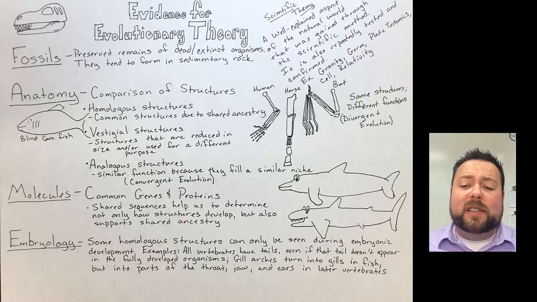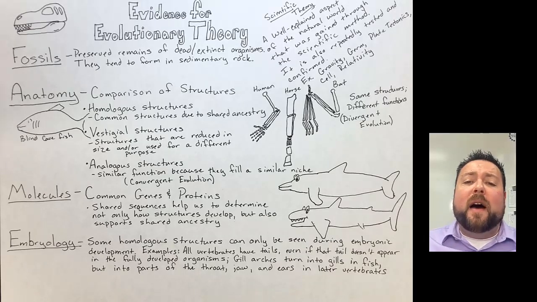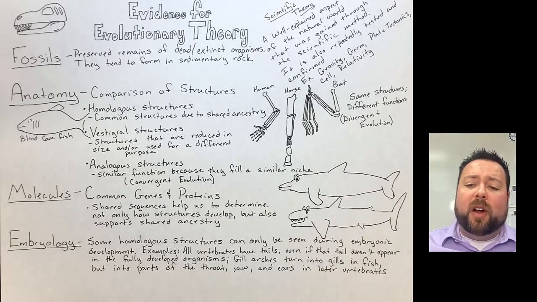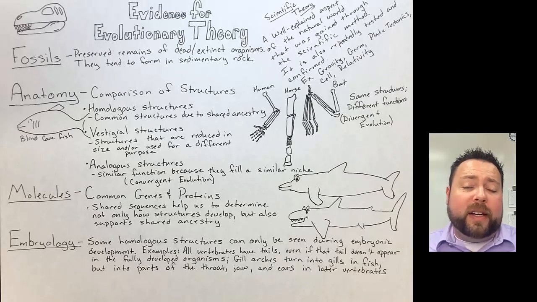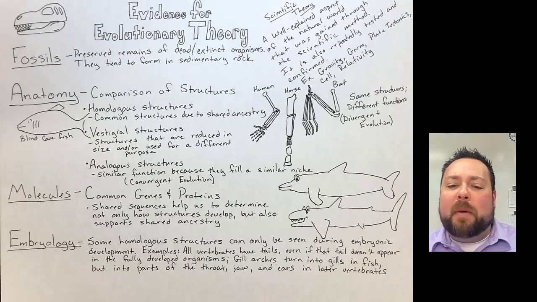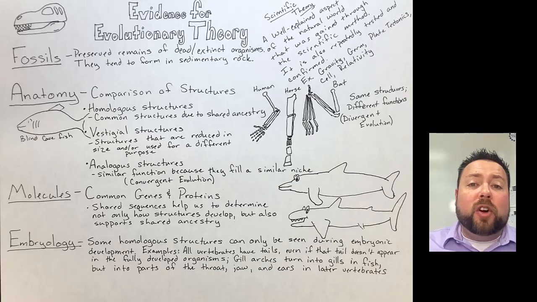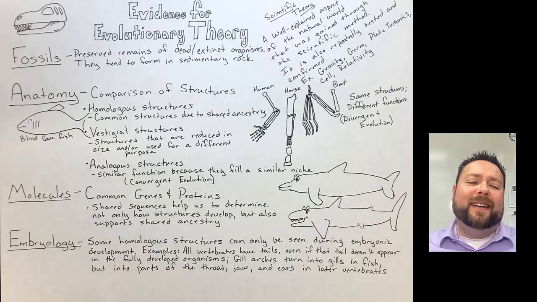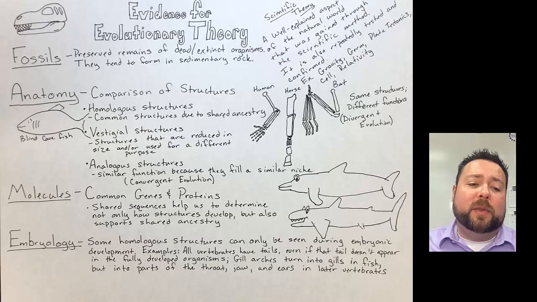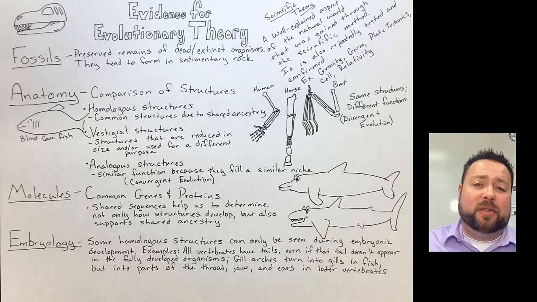And they get turned into other structures such as parts of the throat, so the thyroid gland, the jaw is a leftover gill arch, and even parts of our inner ear and part of your outer ear. So those are all parts of later vertebrates that are not part of these early vertebrates. And so those structures have sort of been hijacked and been used for something else, which also kind of makes it a vestigial structure in a way.